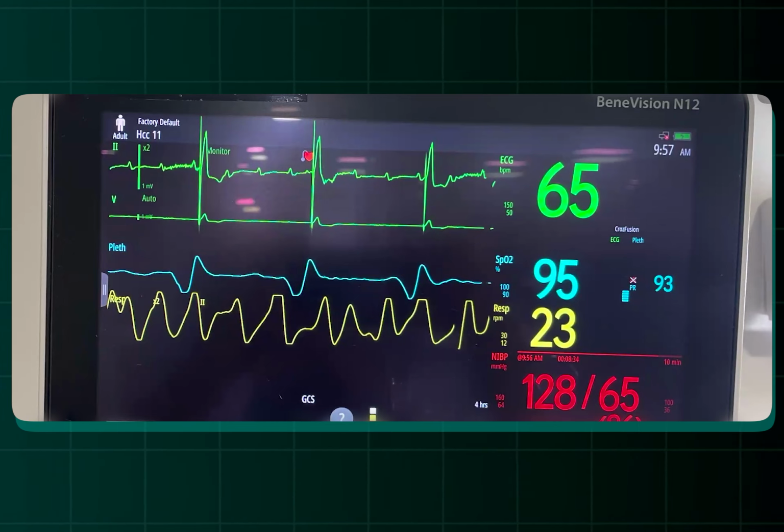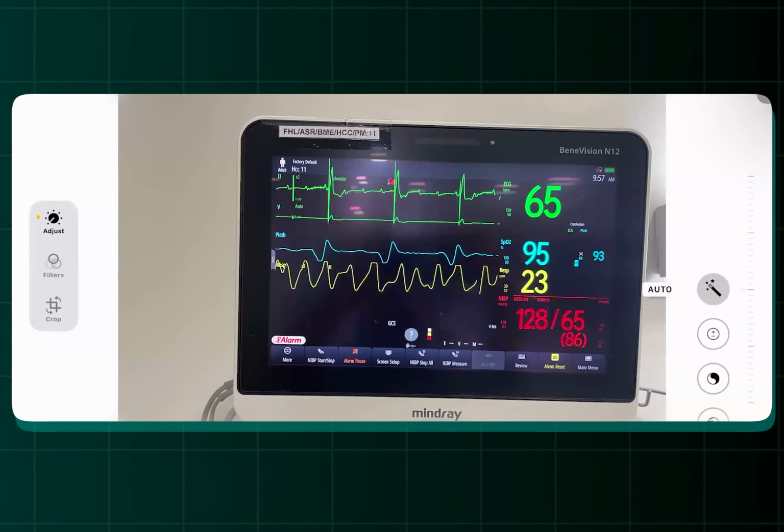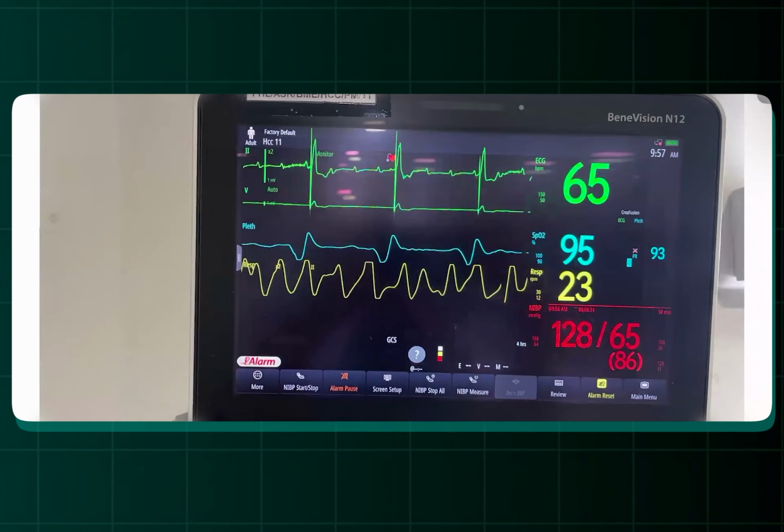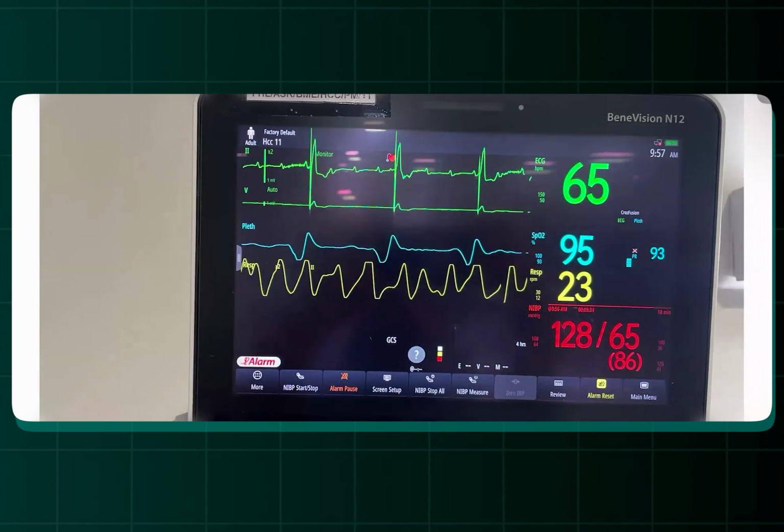Okay, fine. So what you see here is a P wave, a P wave, a P wave, and another P wave, and then a P wave, and then a P wave, a P wave, another P wave here, a P wave here. So many P waves.